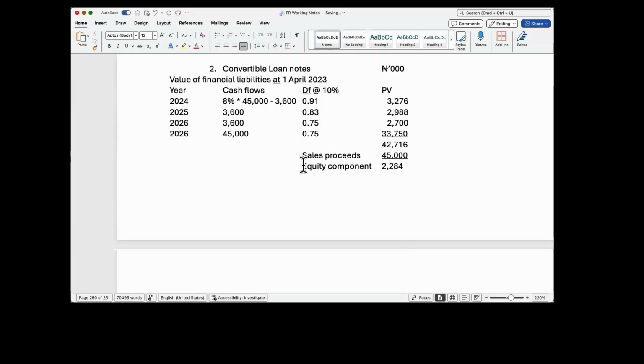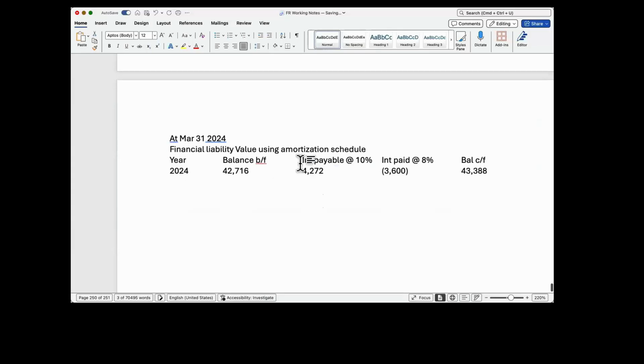Number one, these equity components will show as other component of equity. It will show in my equity when I'm doing my statement of changes in equity and when I'm doing my balance sheet value. Number two, this interest now is the interest that will be recognized to P&L, not the 3.6 in the trial balance.